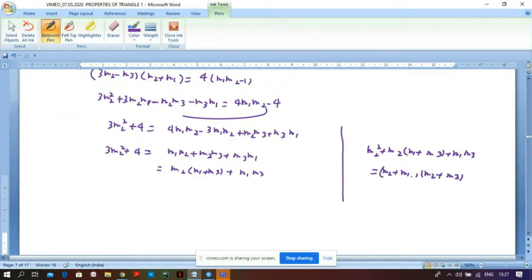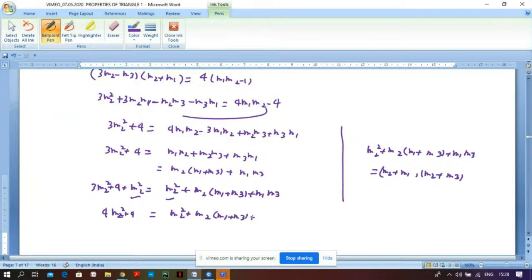So this kind of thing can work. If I add, I'll write 3M2 squared plus 4 plus M2 squared. This is added, M2 squared plus M2 times M1 plus M3 plus M1 M3. Now this gives you 4M2 squared plus 4 is M2 squared plus M2 times M1 plus M3 plus M1 M3.